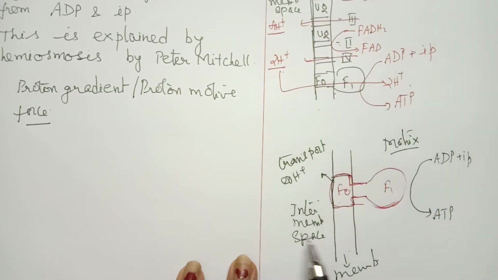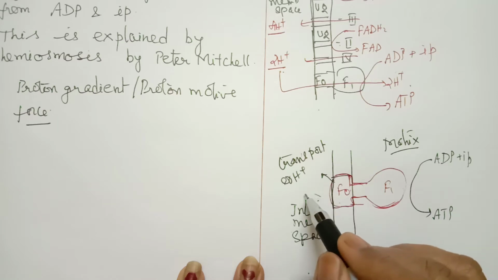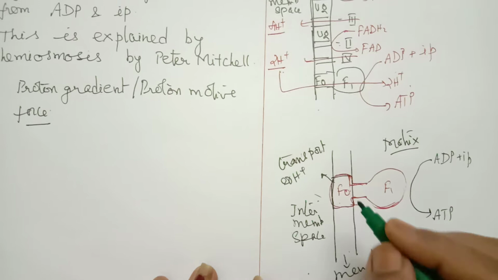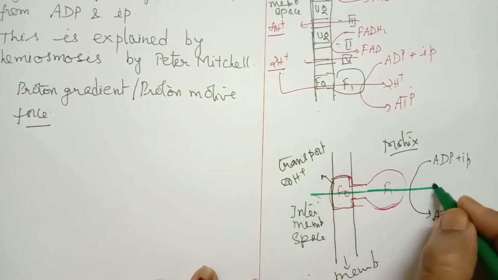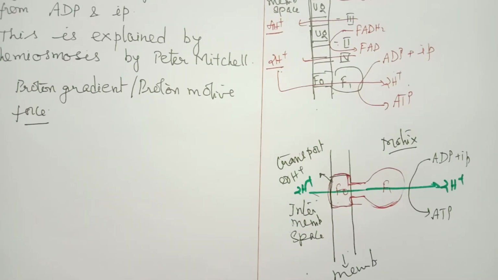For movement of every 2 protons from the intermembrane space towards the matrix, there is formation of 1 ATP molecule. This is the chemiosmotic mechanism and oxidative phosphorylation for synthesis of ATP.